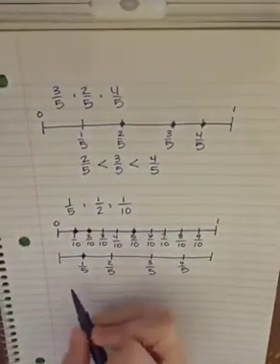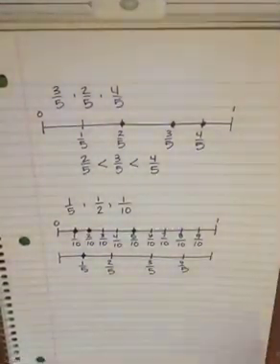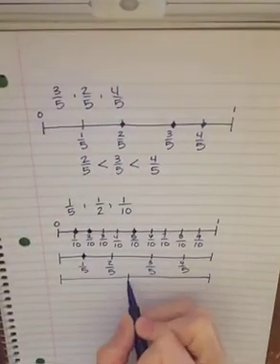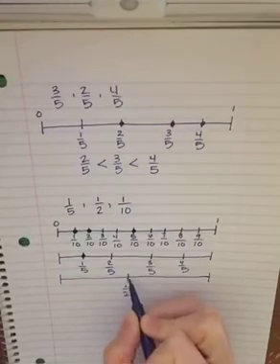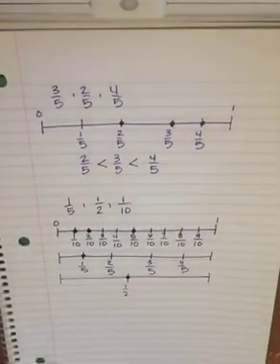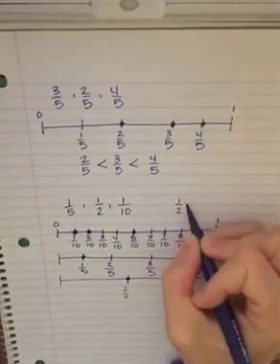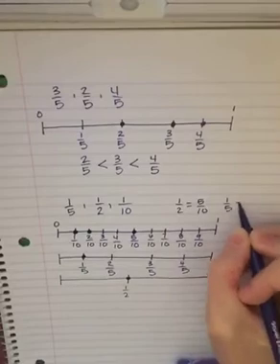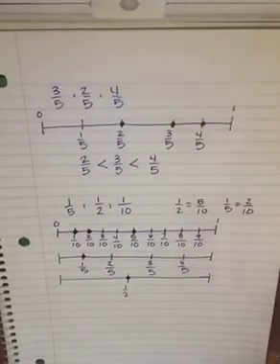And it wouldn't be any different if I were to do a half number line either. This would be 1/2, right? So I just need to remember that 1/2 equals 5/10, and 1/5 equals 2/10, okay?